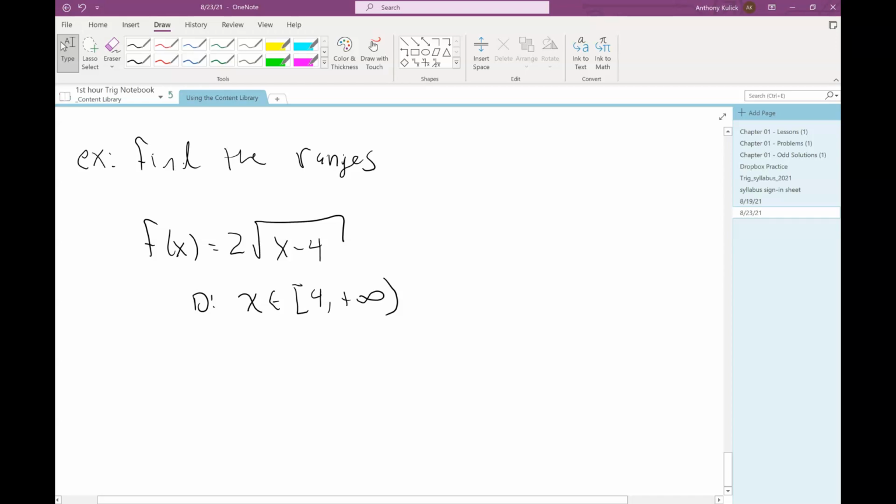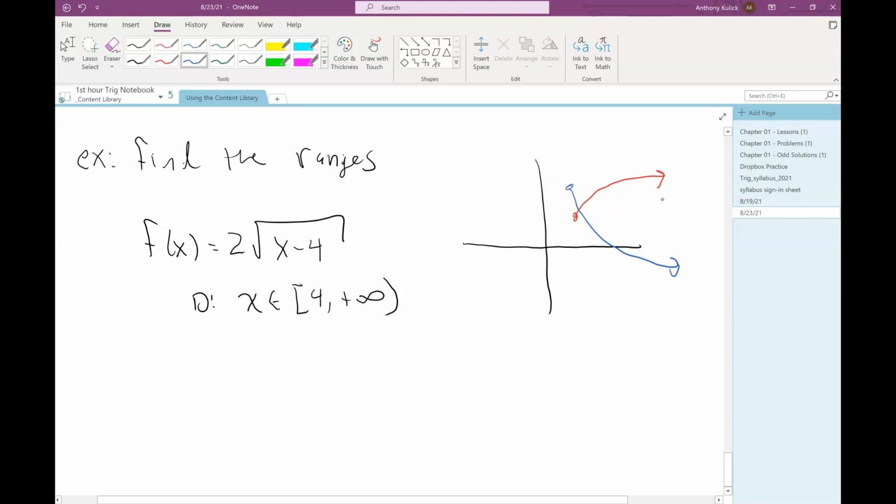So the first thing I want to decide is, the function that I'm looking at, this f of x in this case, is this function increasing always or decreasing always? If it is one or the other, that makes life much easier when finding the range. So if I remember back to my Algebra 2 class, the graph of a square root function would look something like this, or maybe something like this, right?